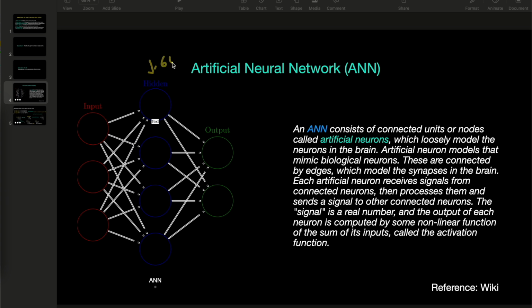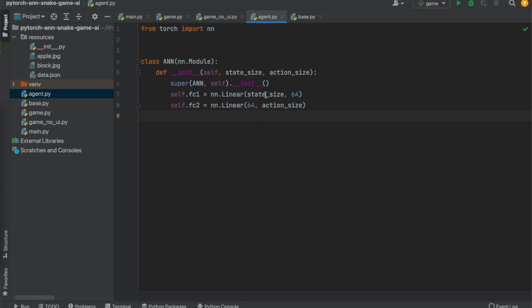So we'll have 64 neurons in the hidden layer, 16 in the input and 4 in the output. The first fully connected layer passes the data from the 16 neurons to the 64 neurons in the hidden layer, and the second fully connected layer passes the data from 64 neurons to the output layer, which is 4 neurons. This is important to understand.